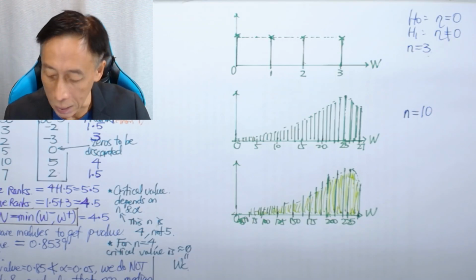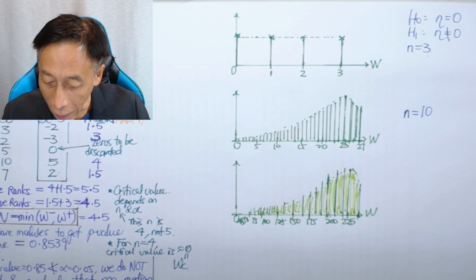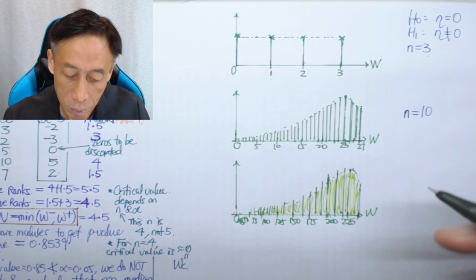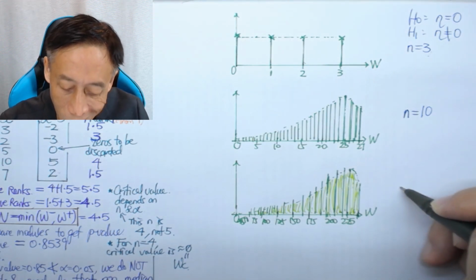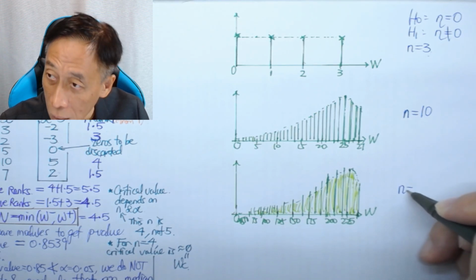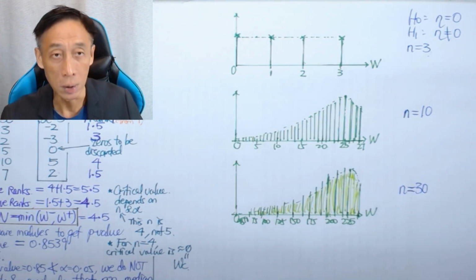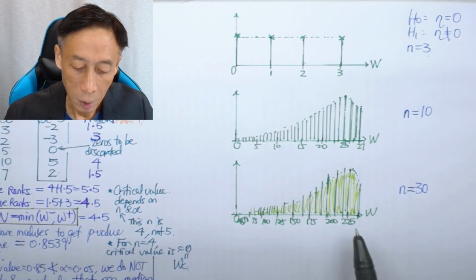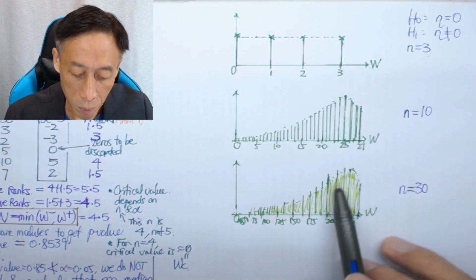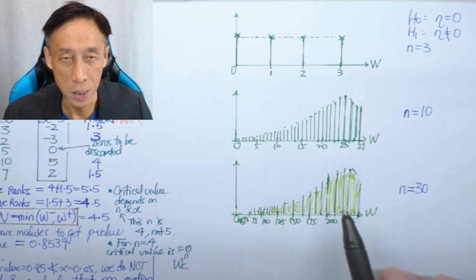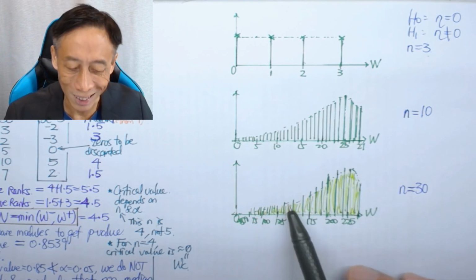And so that means when n is 10, not that large, the shape has already taken place. So when you grow n to 30, your sample size grows to 30 and all that, the shape somewhat changes a little bit, but the general pattern is the same.